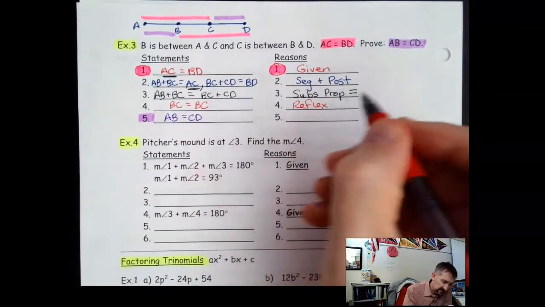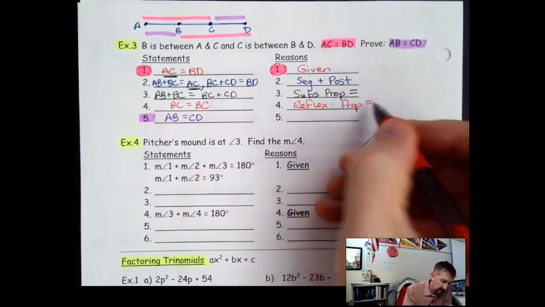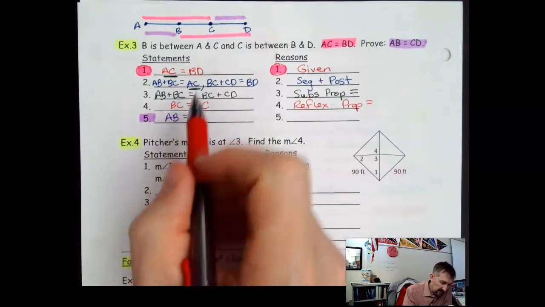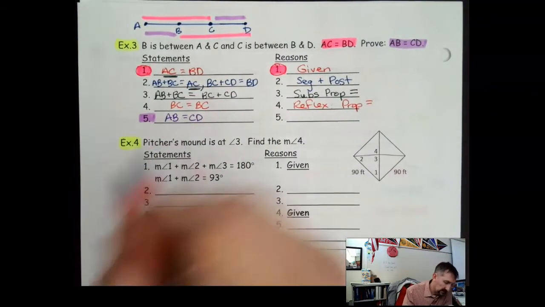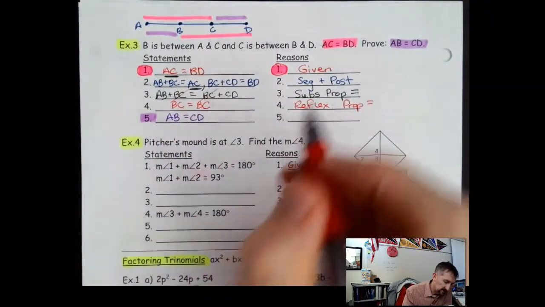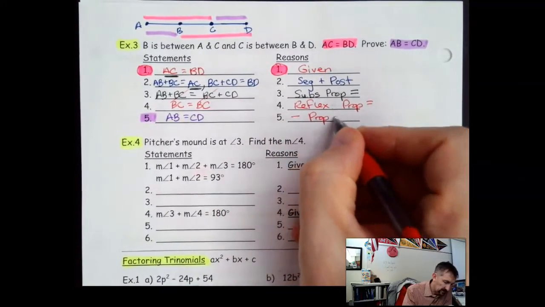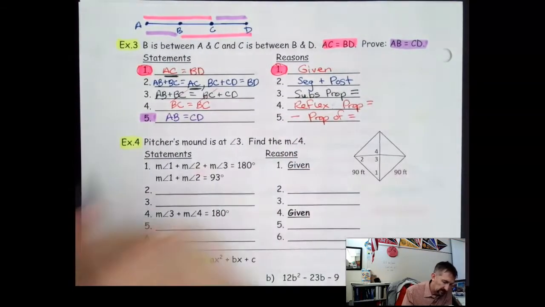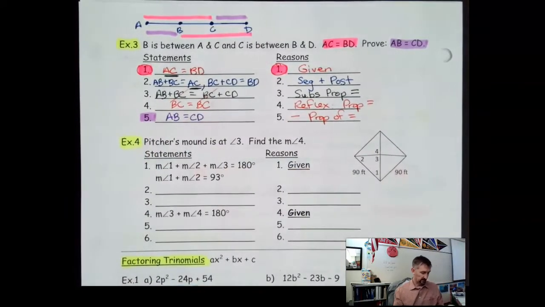Anytime you say something equals itself, that's the reflexive property of equality. And now, if BC is equal to itself, if we subtract BC from both sides, that would be the subtraction property of equality. If we subtract BC up there, we just get left with those pieces.